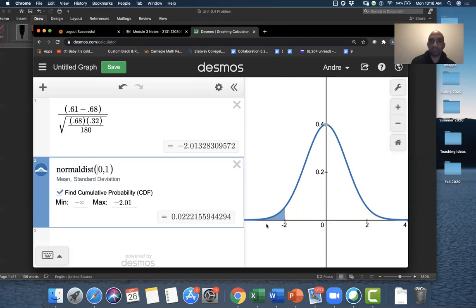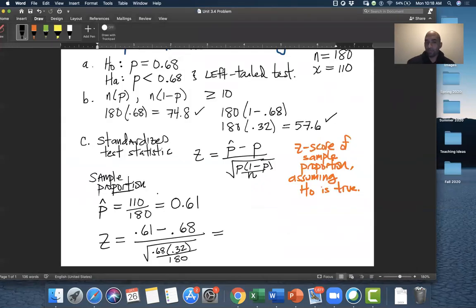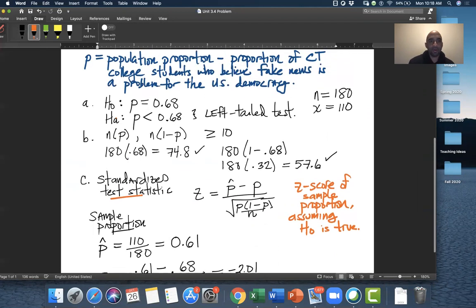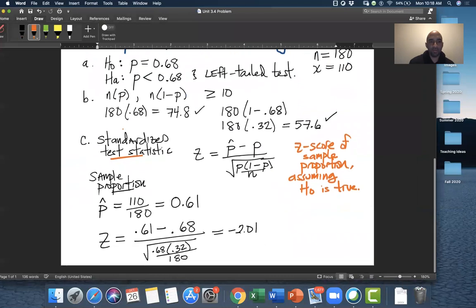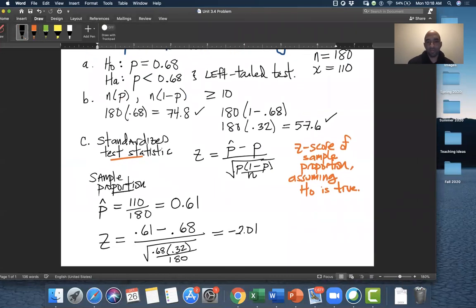Okay, so let's wrap this up. We found that the z-score was negative 2.01. This is the standardized test statistic. And then for part D, we're going to do the p-value, which we already did, so I'll just put it right here.